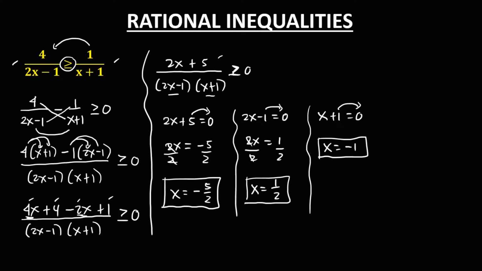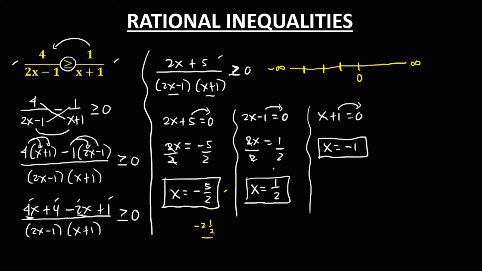Then put these critical values on a number line. So this one is 0. We have negative infinity and positive infinity. For x equals negative 5 over 2, the same as negative 2 and 1 half. So on the number line, this one is negative 1, negative 2, and negative 3.